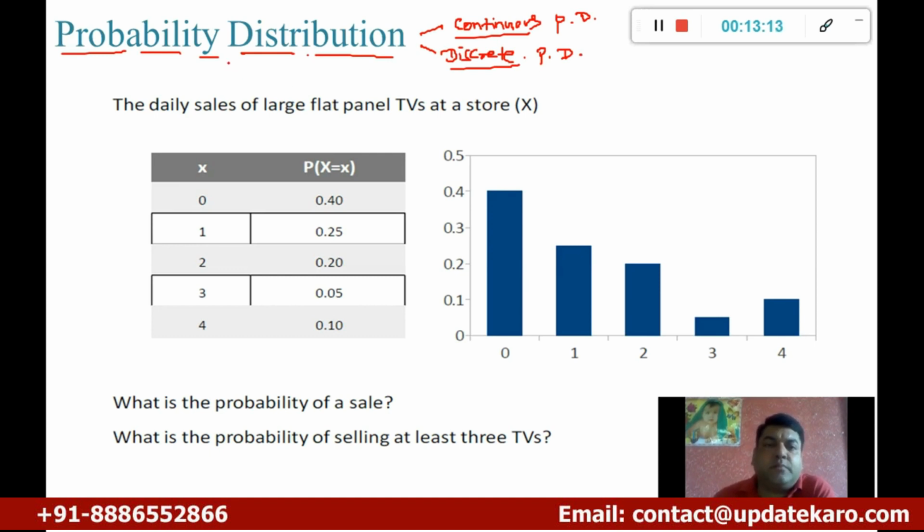And what is the definition of probability distribution? So it is like a chart which is given here.